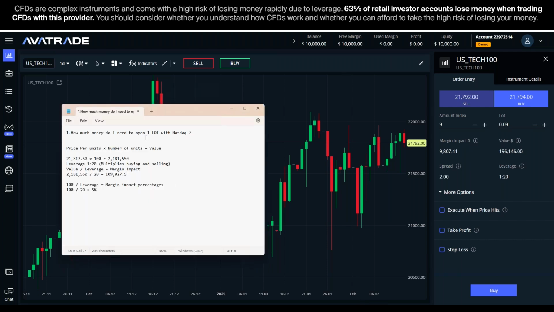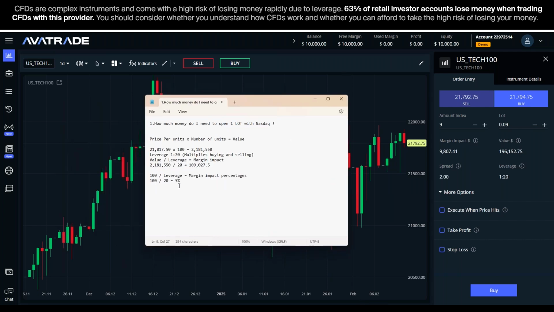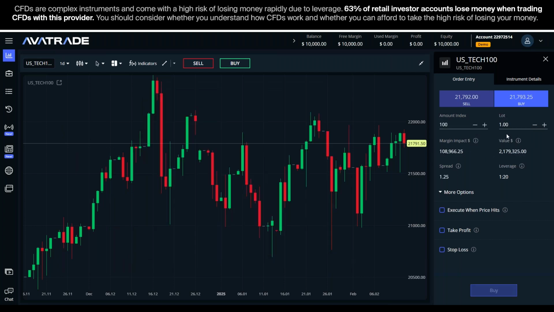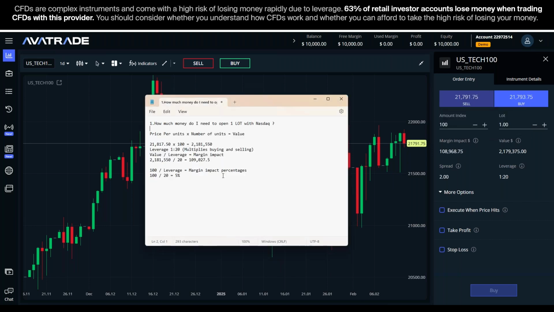At the moment we've understood the exercise here, it's very simple. All I had to do is place one lot, and the margin impact is right here. This equation is very useful for whoever is using MT4 or MT5 to understand a bit more in depth how the calculation was done.